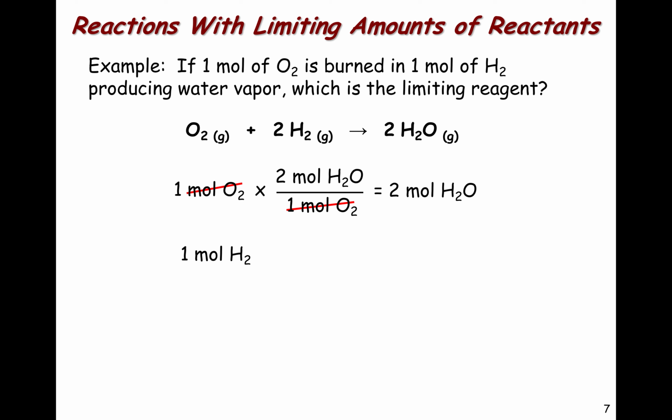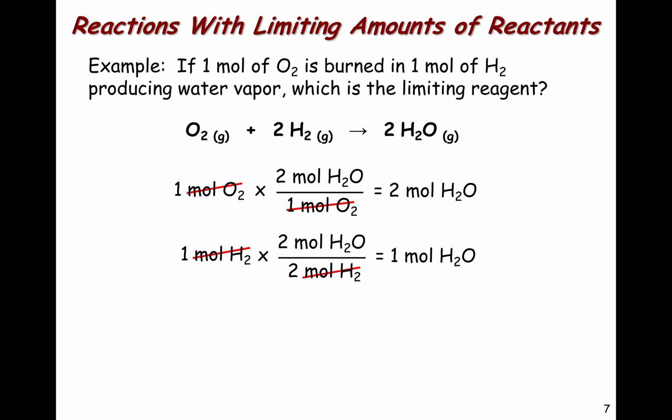If we likewise start with the hydrogen, if we have 1 mole of elemental hydrogen and use the ratio between the hydrogen and the water, this is a 2 to 2 ratio, we should also end up with 1 mole of water.